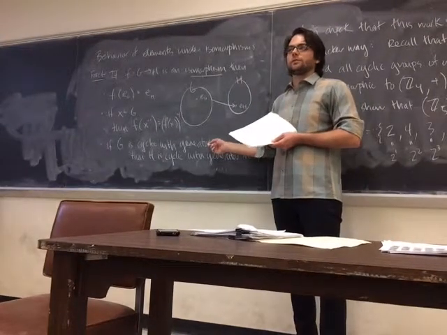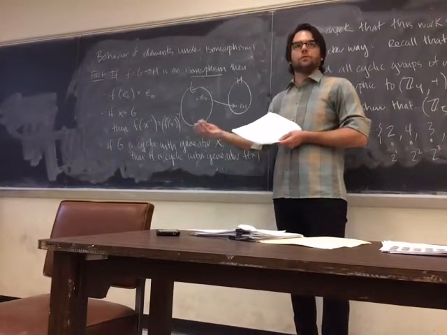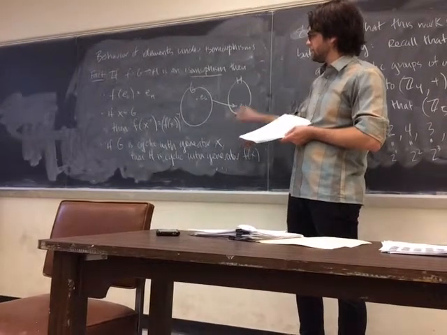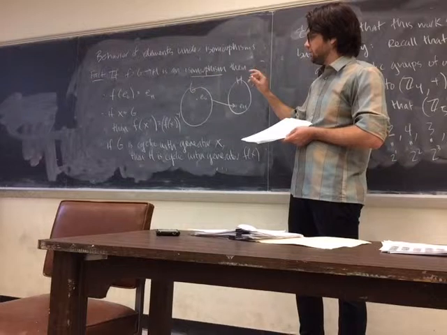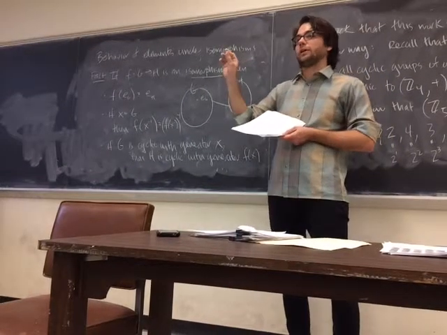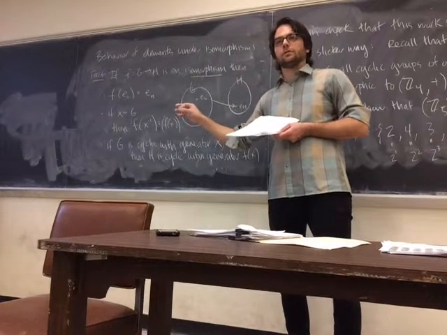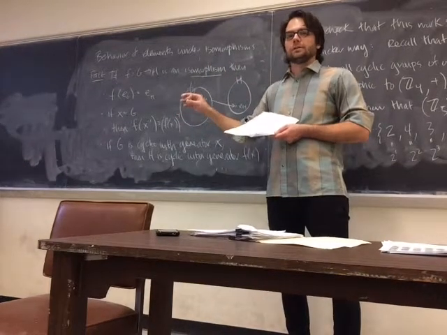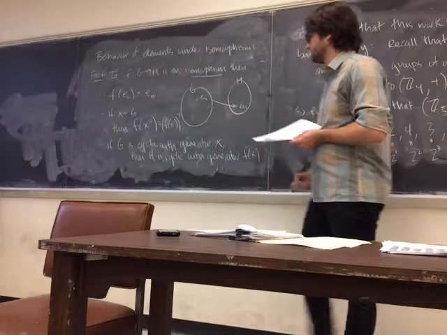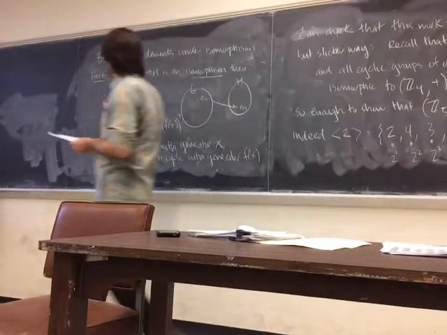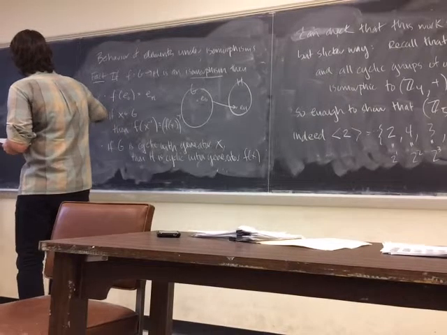You can have many generators for a cyclic group, but this will be one for you. You saw this in the example of Z5 star and Z4. We took the generator, which was 2 in Z5 star, and sent it over to 1, which is the generator in Z4. So that was an example of that.